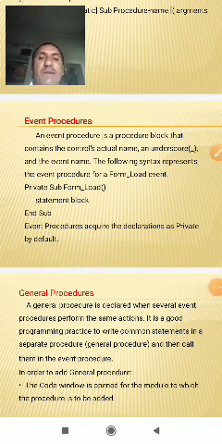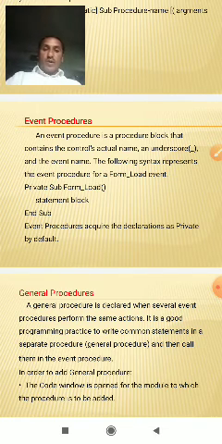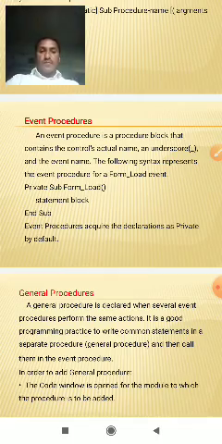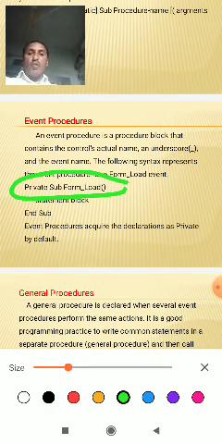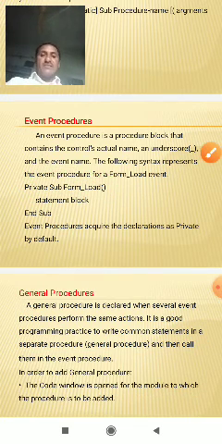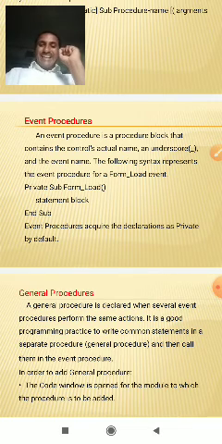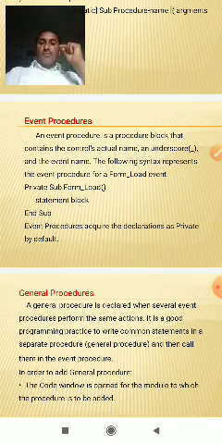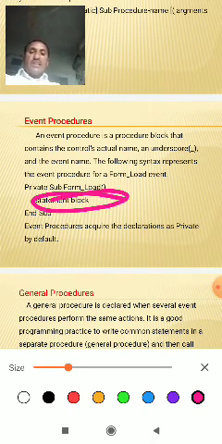So the following syntax represents the event procedure for a form Load event: Private Sub Form_Load. This is the form Load event. Private Sub Form_Load is at the top of the program, then you can declare it Private or Public or Static. Then the statements form a block, where you write any statements.